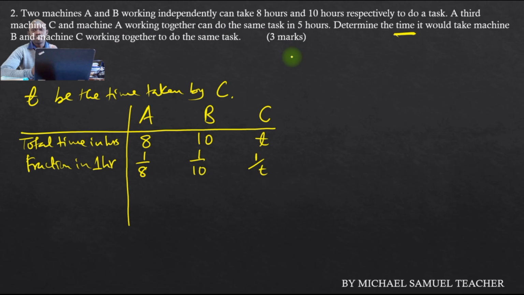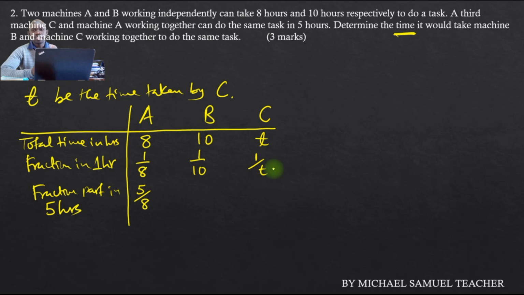So for machine A, working in 5 hours: in 1 hour it is 1 over 8, so in 5 hours it is 1 over 8 times 5, which is 5 over 8.